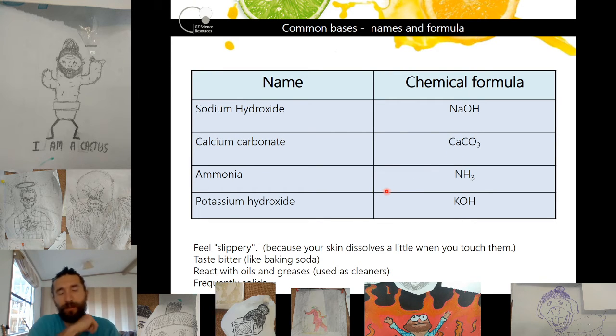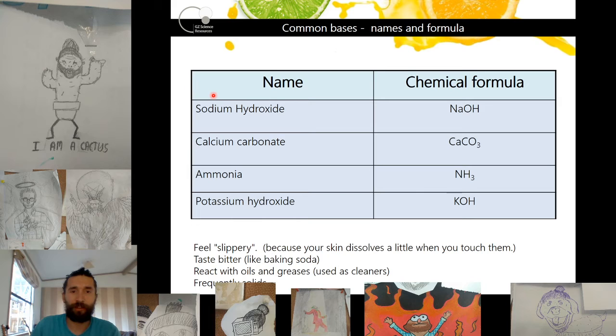But we'll be explaining that later when we're showing the reactions of these bases. So we've got stuff like this, sodium hydroxide, which is used for lots of things, but one of them is Drano, like drain cleaner.